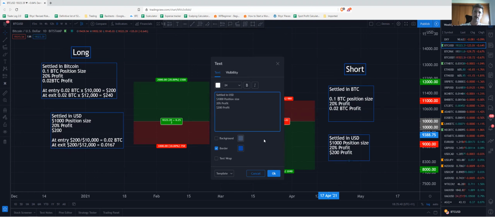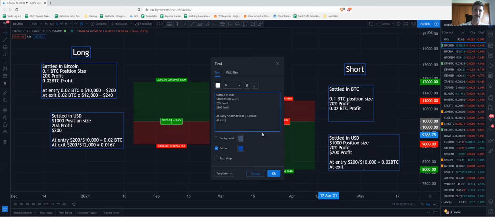But if we compare that back to Bitcoin, we have at entry $200 on $10,000, which gives us 0.02 BTC.